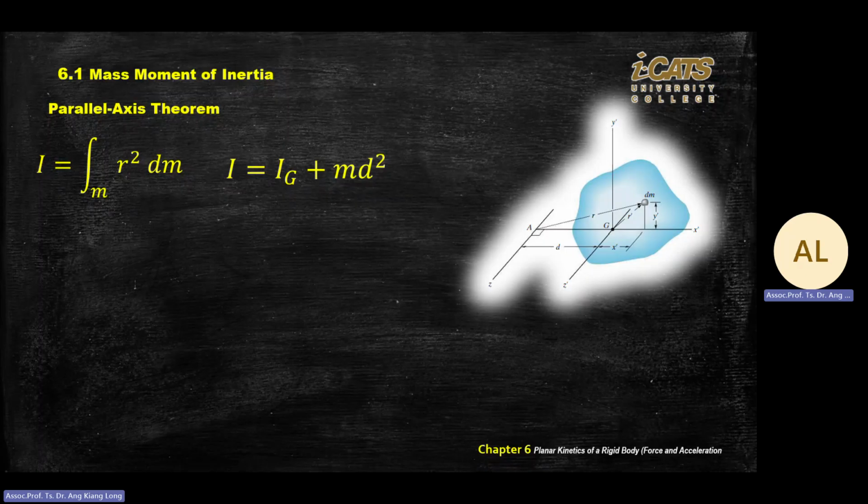Last lecture we stopped at this equation, which is I equal to the integral of R square dm, and the most important equation is this one: I, the moment of inertia for a rigid body, equals Ig plus md square. Because we're looking at a rigid body, not a particle, we have two components.